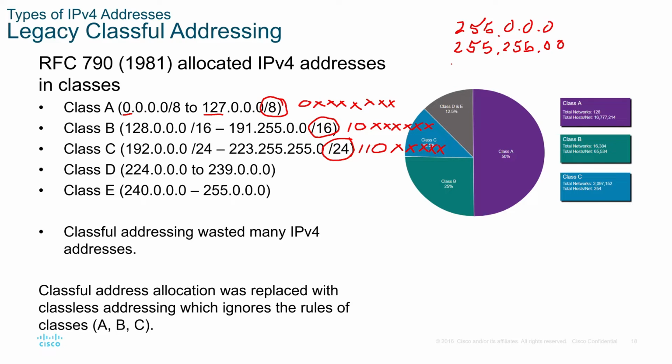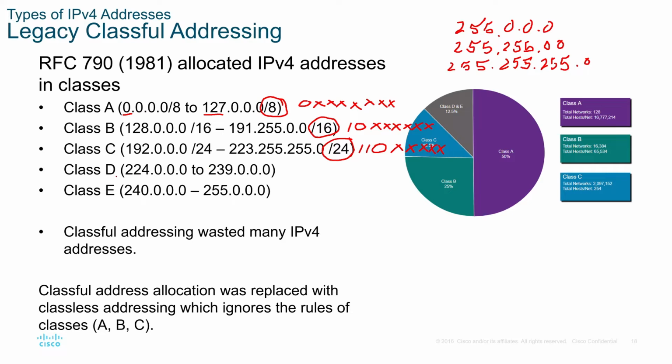A Class C would range from 255.255.0. So as you can see, Class A's have the fewest network, the most hosts. Class B's have about equal. Class C's have a tremendous amount of networks, but the fewest hosts per network.